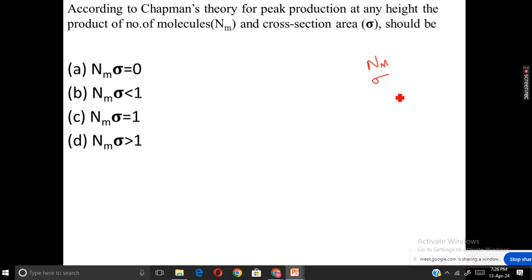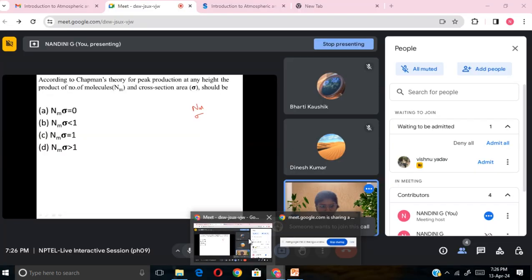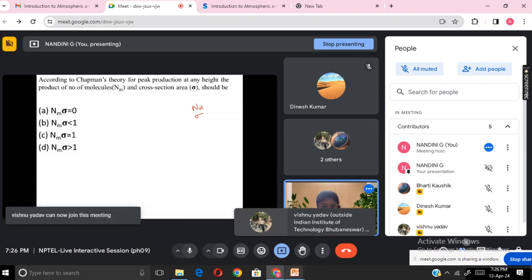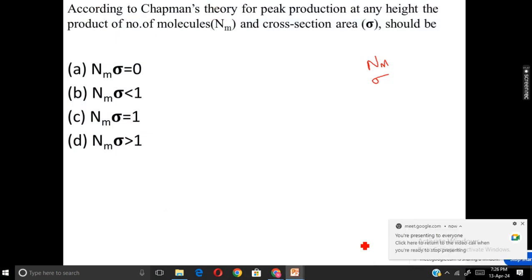So during peak production, at the height at which peak production occurs, Nm sigma is equal to 1.